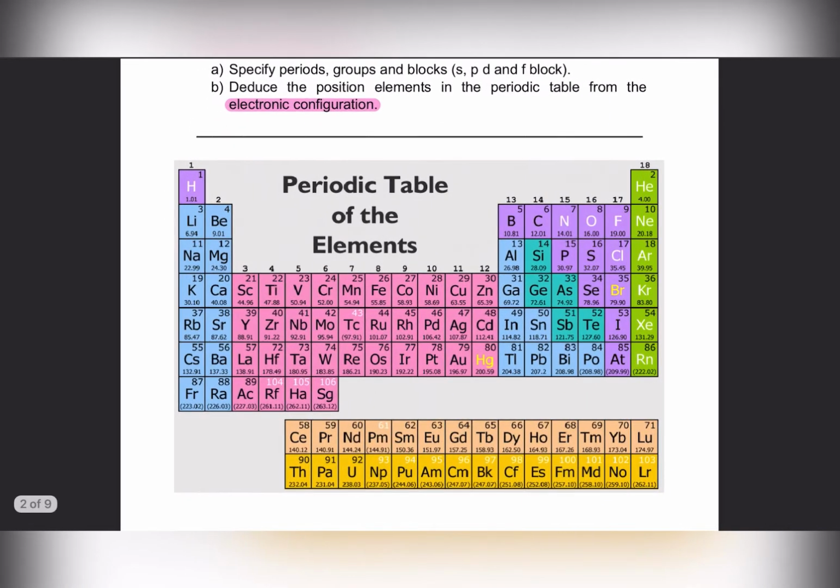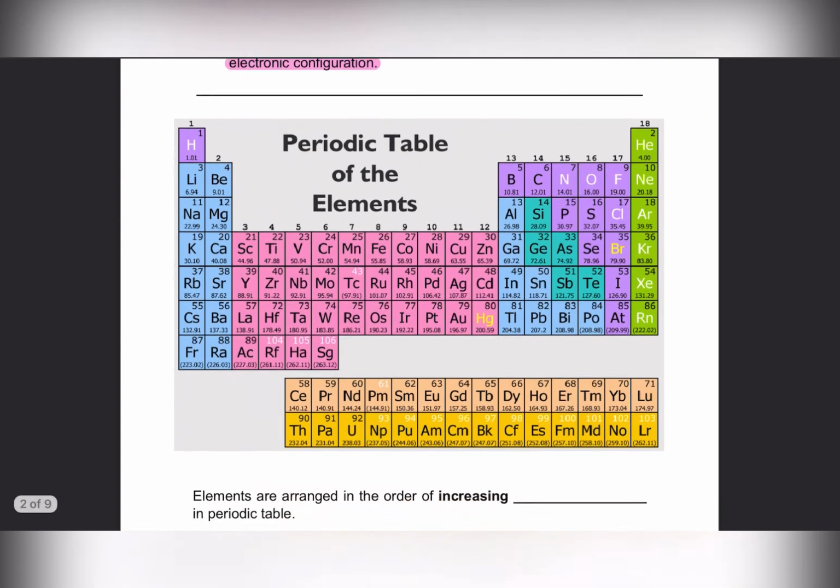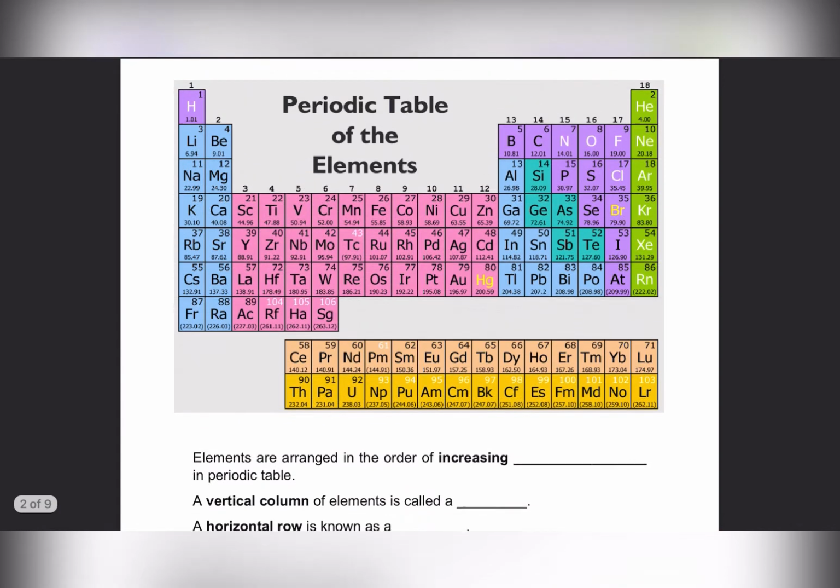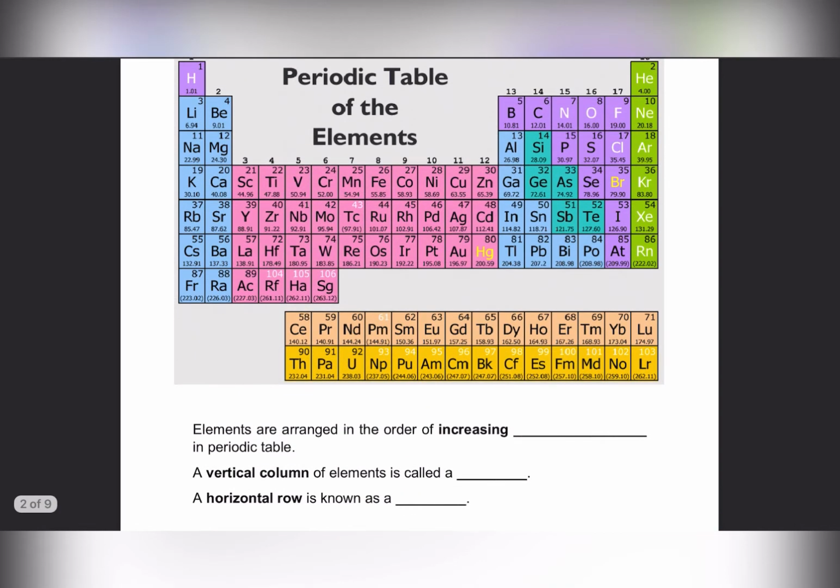I hope everyone knows about the periodic table of the elements, where this is the view of the periodic table and you have a lot of elements in this table. What you have to know is that the elements are arranged in order of increasing proton number.